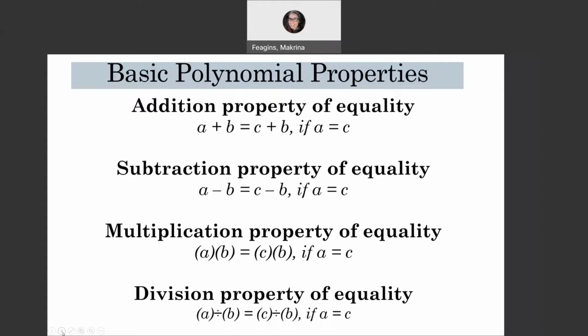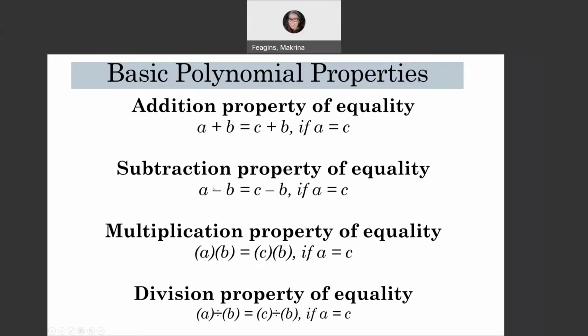So, solution set, it could be more than one number, or we could have no solution. But in adding, whatever we add to one side, we have to add the same exact quantity to the other side. And that will let us know that then A and C will continue to have that balance.